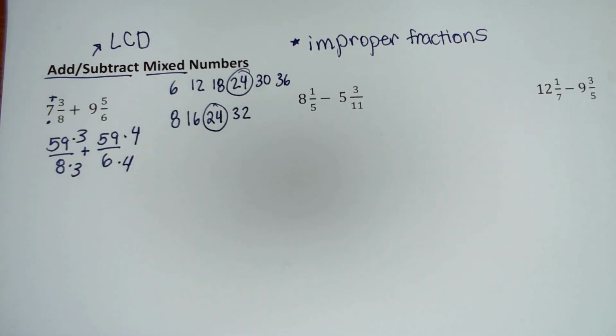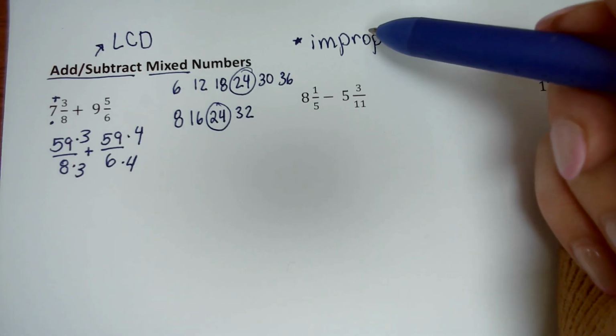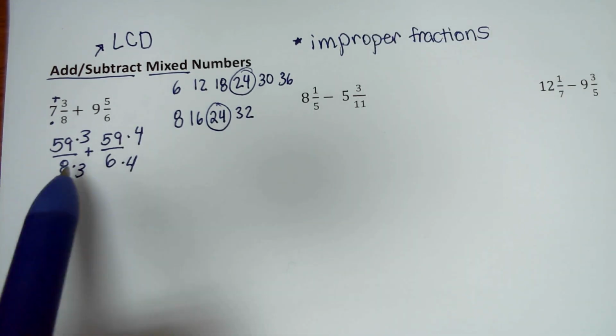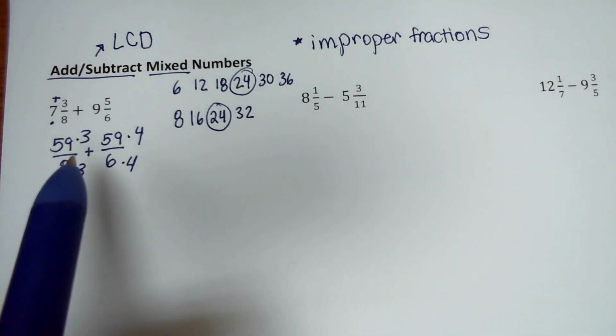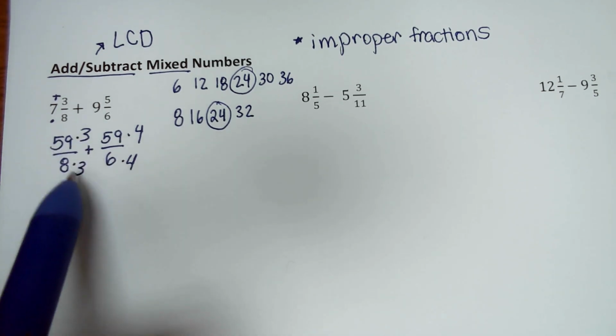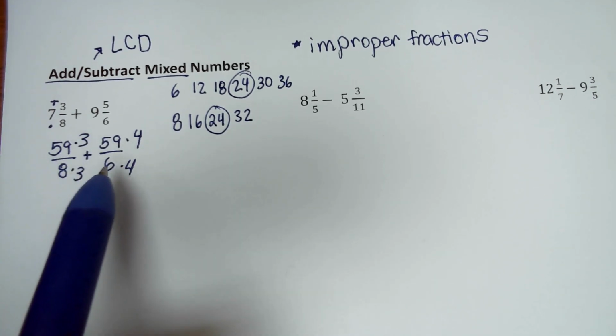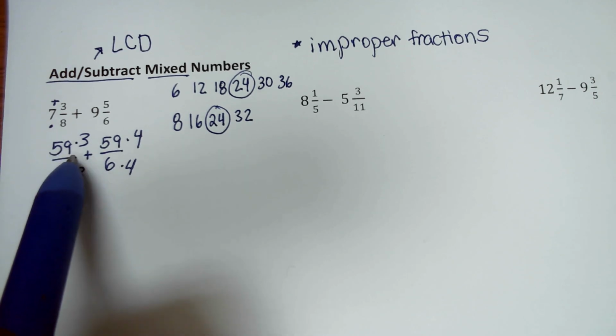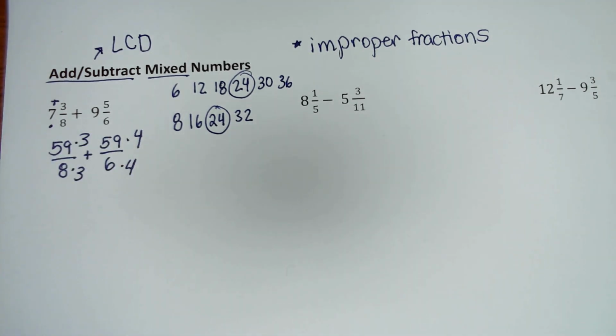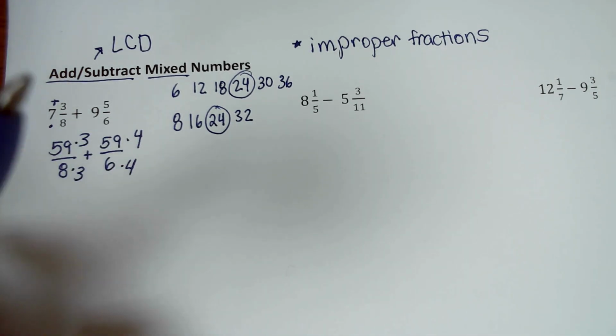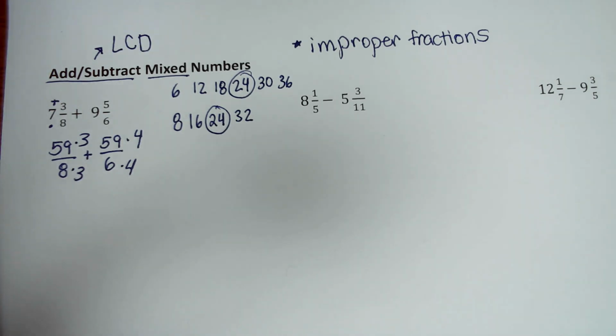All right, so we made our fractions improper. Now we're going to make the denominators match. When we're doing this, we have to multiply both the top and the bottom by the same factor. Notice, 59 times 3, we're going to have a big number. When we're working with mixed numbers, you are going to get some big digits sometimes.